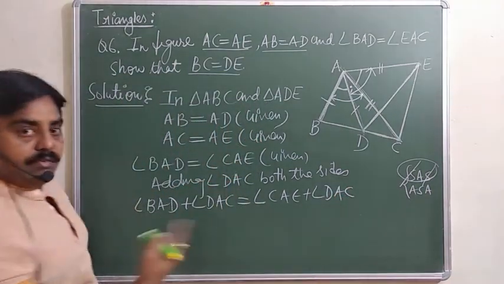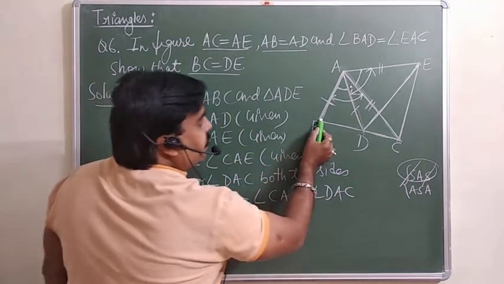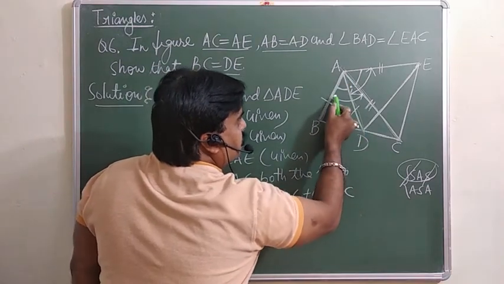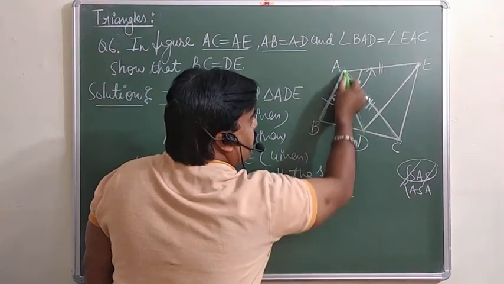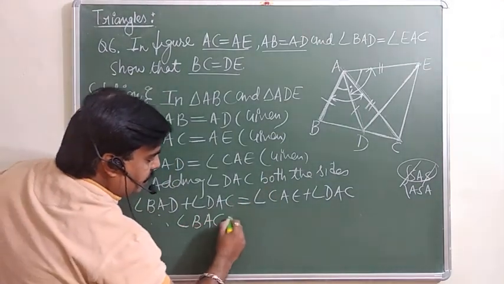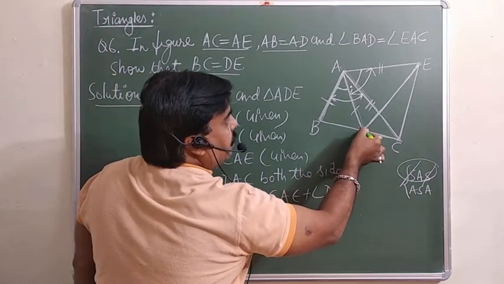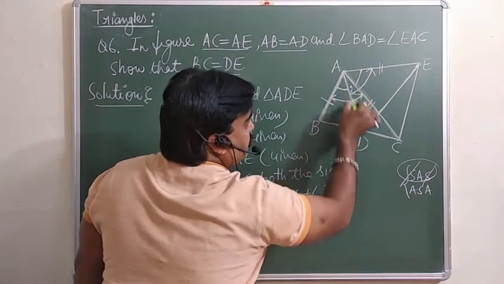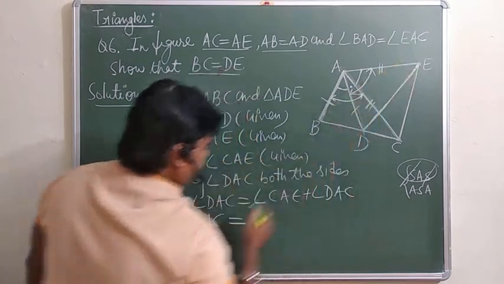That same operation we can do. Now see, angle BAD plus angle DAC becomes angle BAC. Therefore, angle BAC is equal to angle DAC plus angle CAE. This is the angle DAE.